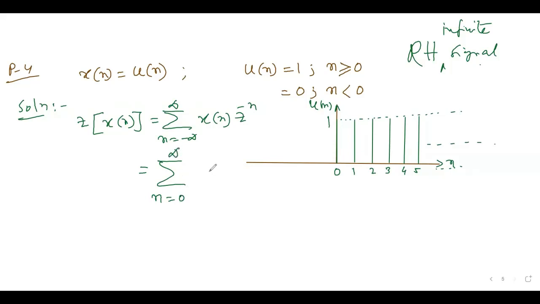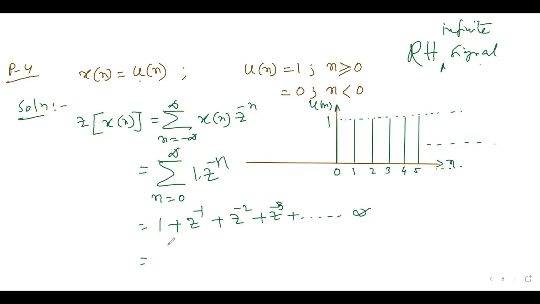Since x[n] is 1, it is 1 into z to the power minus n. Putting n equal to 0, we get 1 plus z to the power minus 1 plus z to the power minus 2 plus z to the power minus 3 and so on up to infinity.